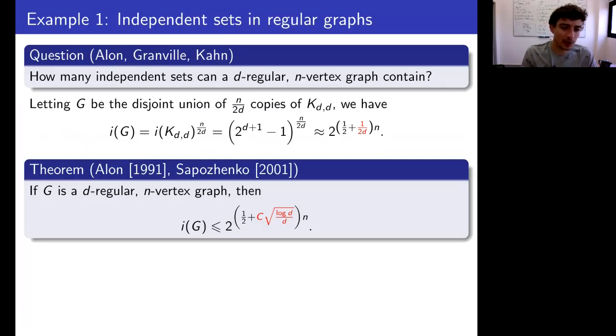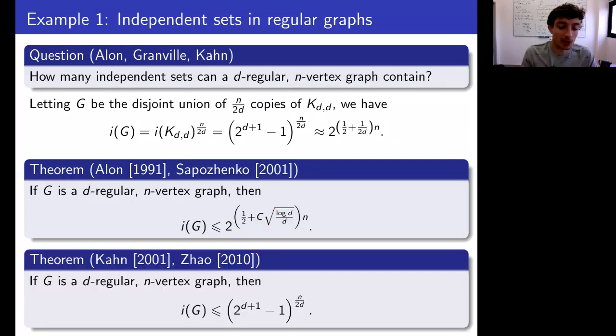And let me just remark that using a very elegant entropy argument, Kahn was able to prove a sharp bound in the setting of bipartite graphs, which was then strengthened by Zhao. Zhao reduced the case of non-bipartite graphs to the case of bipartite graphs. So now we know an upper bound which exactly matches our construction, which is sharp at least for n divisible by 2d.